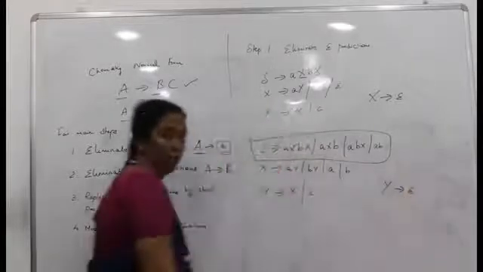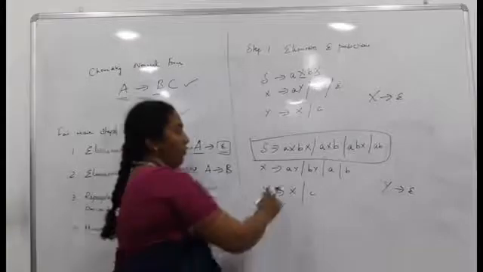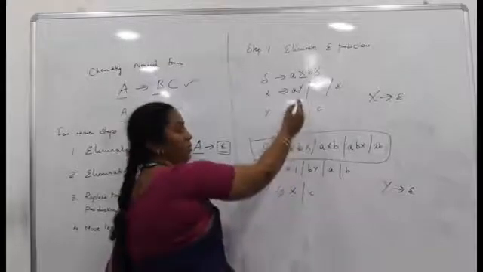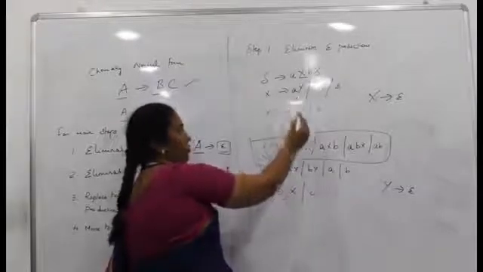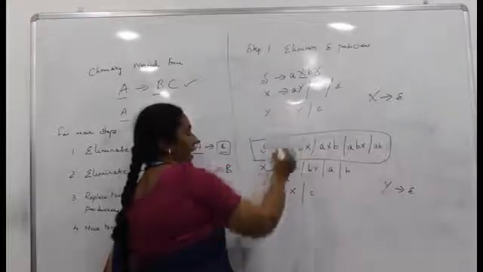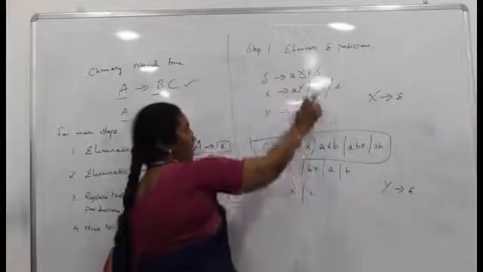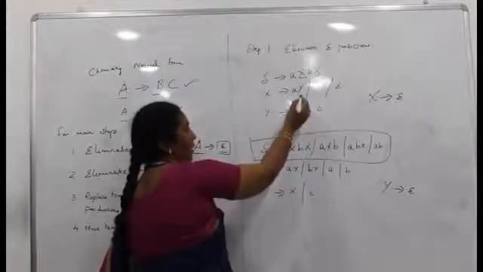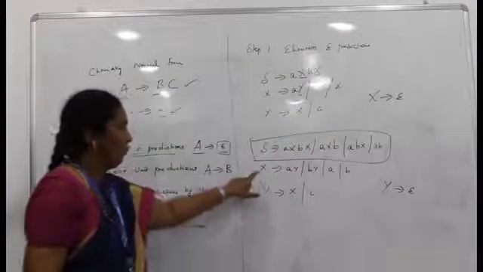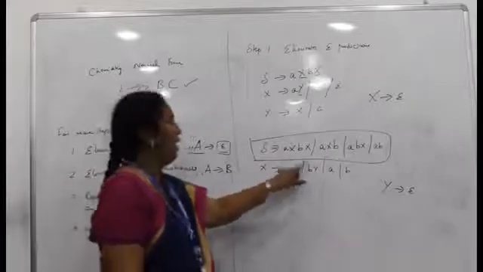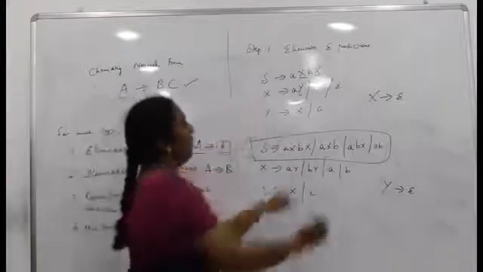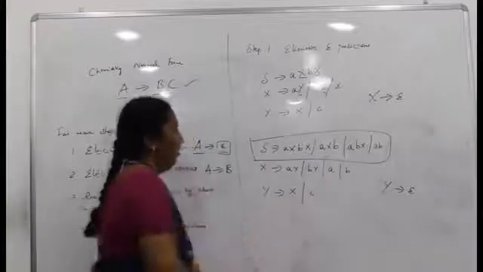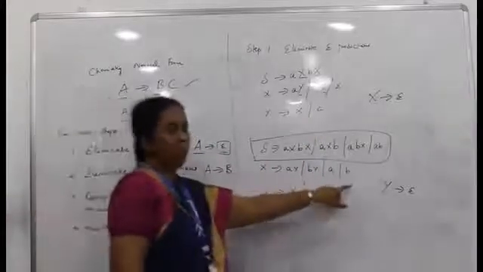So we are going to replace this Y with epsilon. As such it will be X gives aY, X gives bY. Replacing Y with epsilon in the first, we get the production X gives a. And replacing Y with epsilon in the second, you will get X gives b.